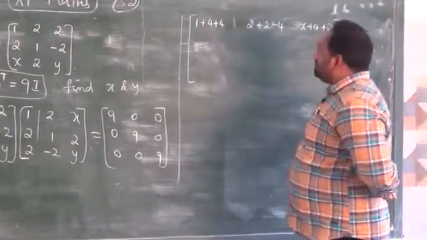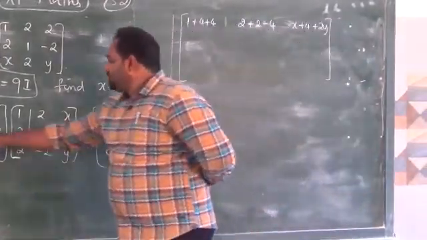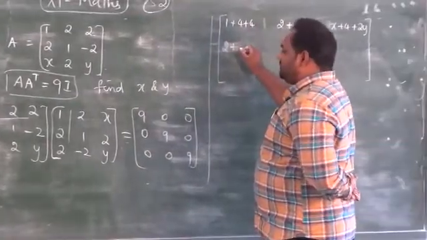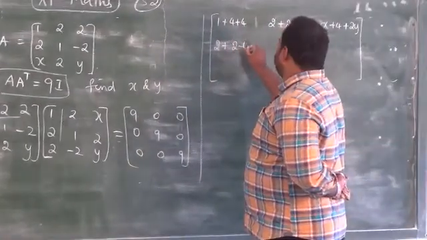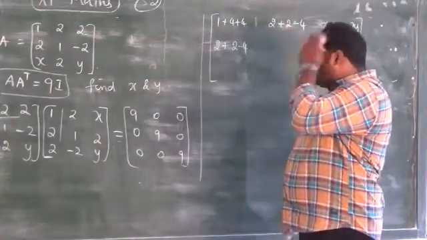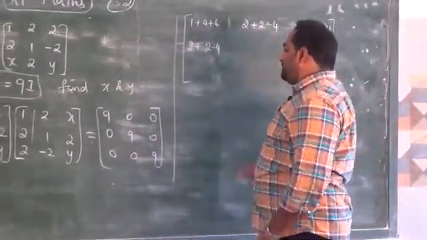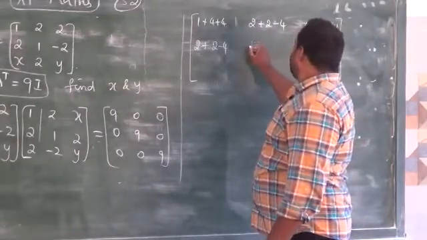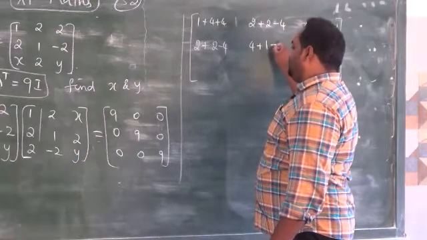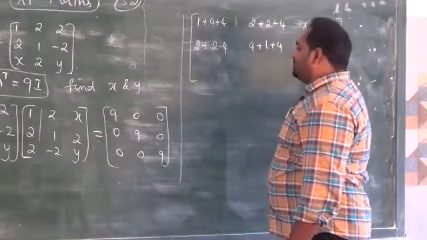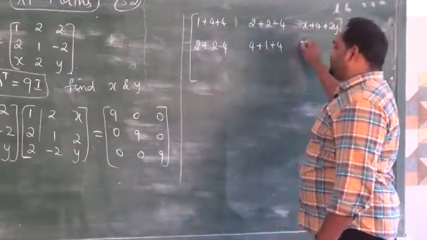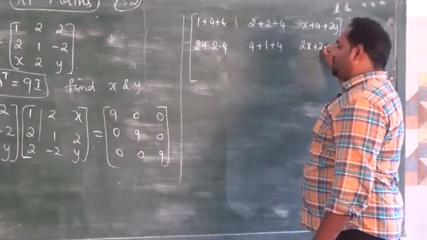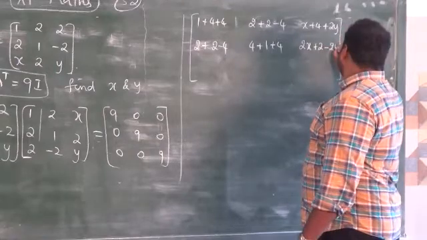Next, second row, first column: 2 plus 2 minus 4. Next, 2 into 2, 4, plus 1, minus into minus plus, 4. Then 2x plus 2 minus 2y.